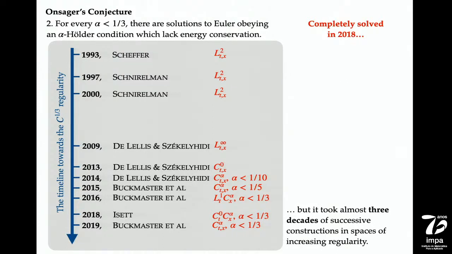We start with very low regularity, which is less constrained, so we have more liberty to deal with the solutions. It starts with L2 in space and time, then we go to L infinity, then to continuous functions, then to Hölder continuous functions, and we keep increasing the exponent until the 1/3 threshold.